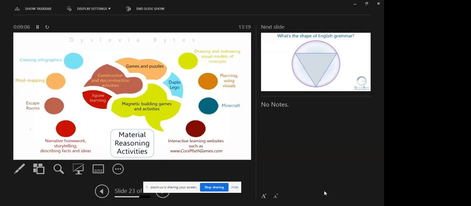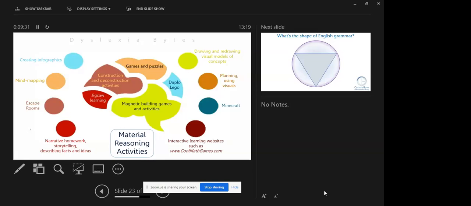Creating infographics. If anybody's ever seen my LinkedIn page, you know how much in love I am with infographics. And infographics can explain difficult concepts very easily without the need for a lot of literacy, and without the need for understanding, reading it and writing it. So you can create infographics using this gift of material reasoning. Again, this is deep, deep learning.